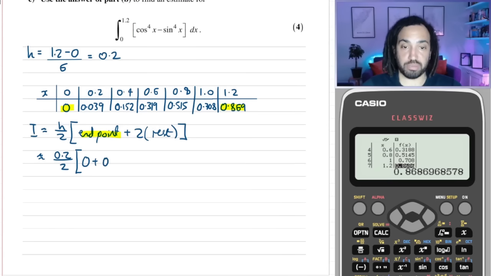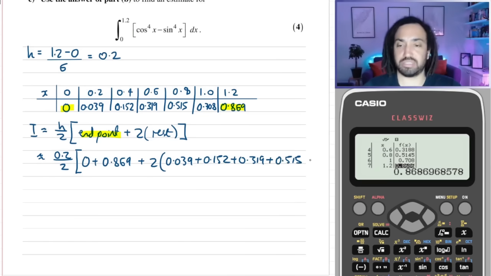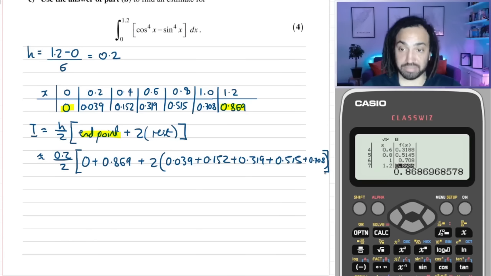Okay, so that's 0 plus 0.869, and then 2 times the rest, well, it's obviously all the other ones there, so 0.039 plus 0.152 plus 0.319 plus 0.515. Oh, I'm going to run out of space. Can I squeeze it in? 0.708. Close bracket. Okay, great. Oh, close another bracket. There we go.